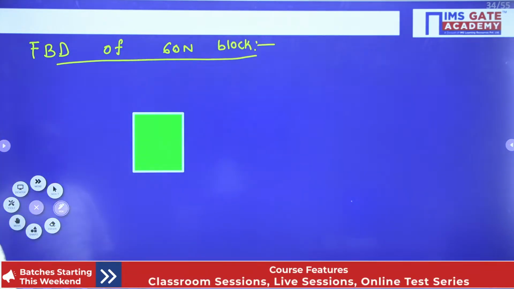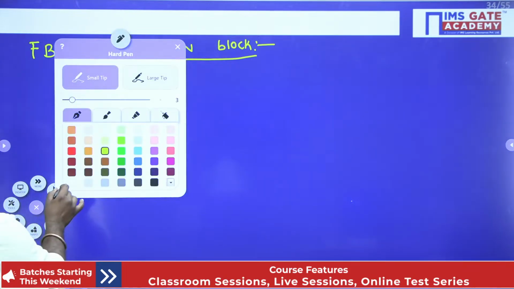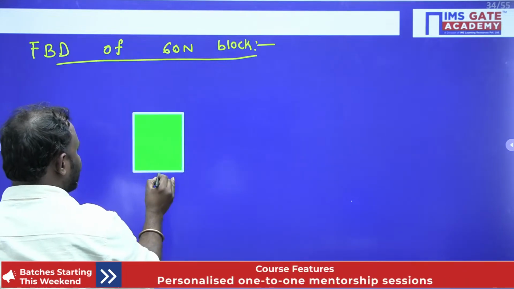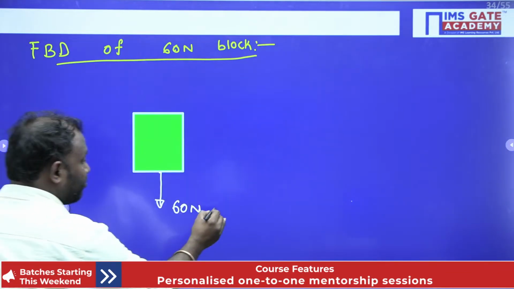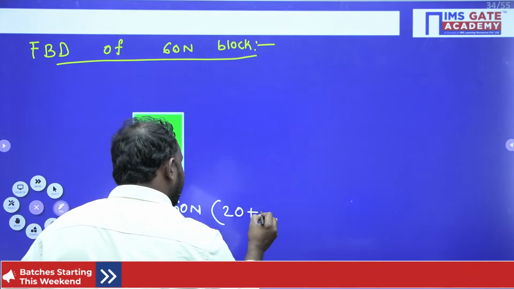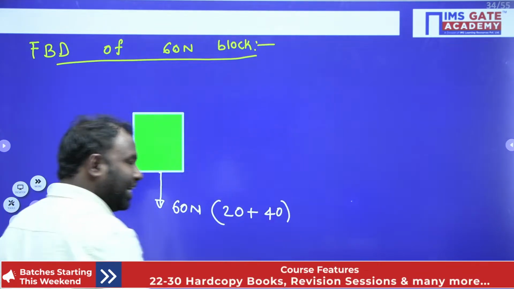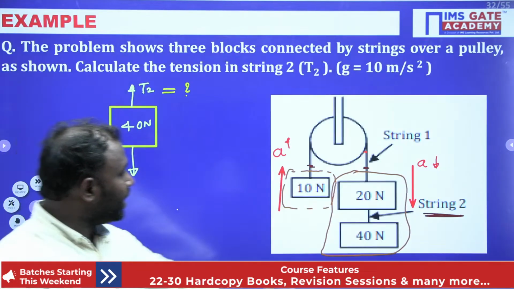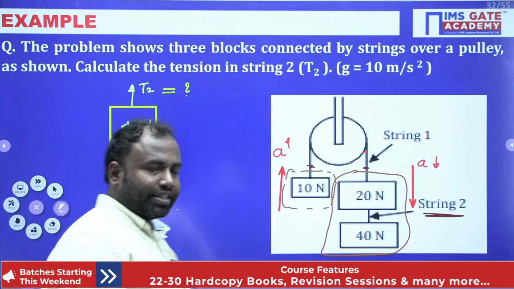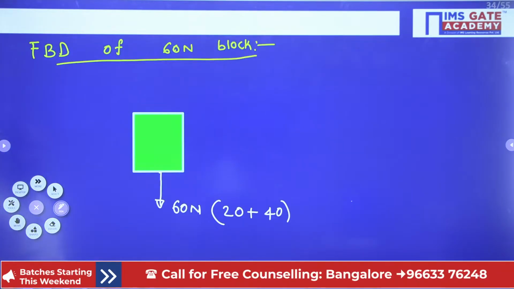Now see that 60 newtons is obviously acting downward. If you get confused, I am considering the 20 plus 40 blocks as one block, right?